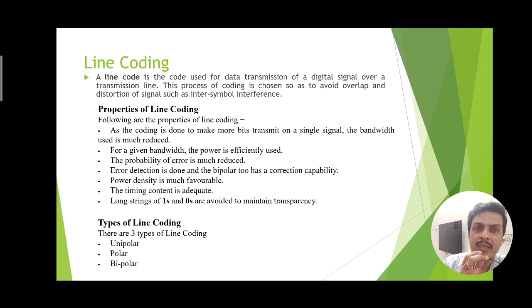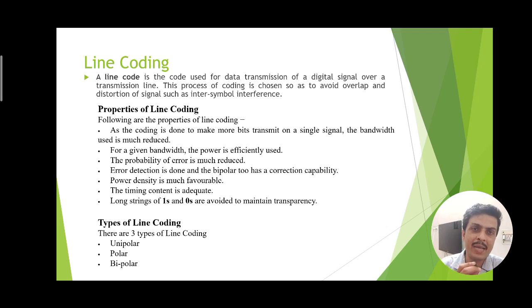Error detection is done, and bipolar has a correction capability. Power density is much favorable. The timing content is adequate. Long strings of ones and zeros are avoided to maintain transparency. This is known as DC wandering, which occurs for long transmission of ones or zeros.